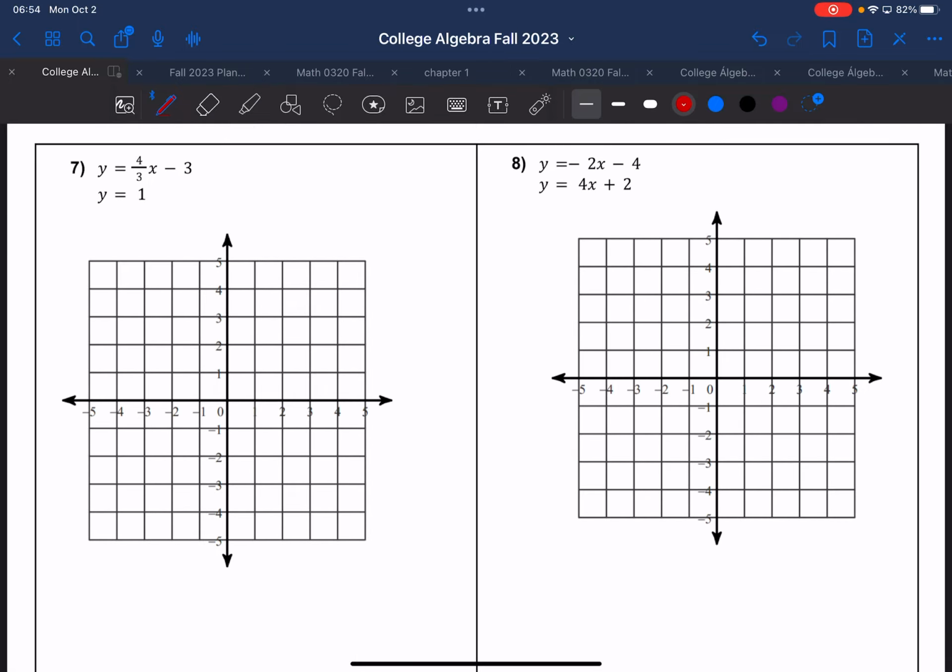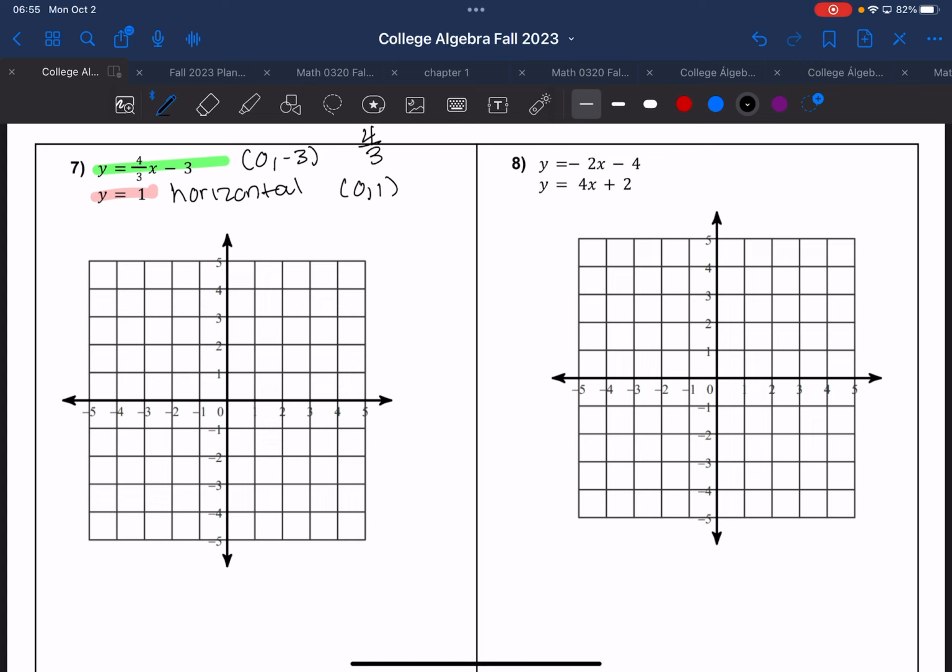Okay, number 7, we're going to see that second equation, which is going to look like what type of line? Horizontal. Good. At what point? 0, 1. Good, because we're dealing with the y's, so my point has to have a y value there. And we know our y-intercept is 0, negative 3 for the first equation, and our slope is 4 over 3.